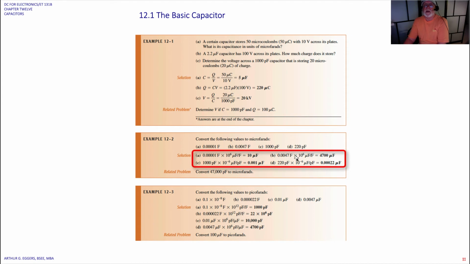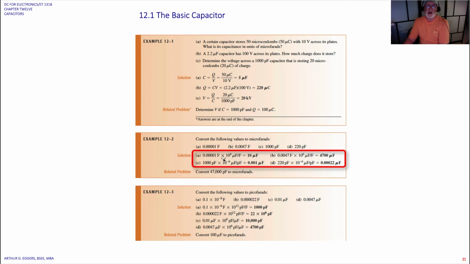For part B, we do the same thing. The conversion factor then being 10 to the 6 microfarads per farad, we get 4,700 microfarads. For C, 1,000 picofarads, using 10 to the minus 6 microfarads per picofarad gives us 0.001.